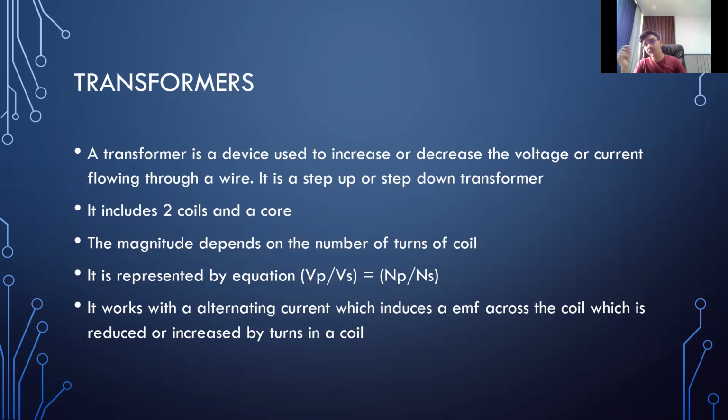You need to get a lesser number of coils in your secondary coil. That's how you can minimize the effect of the electricity generated, and this can be done using a step down transformer. Similarly, if you want to increase the strength of the current, you use a step up transformer.